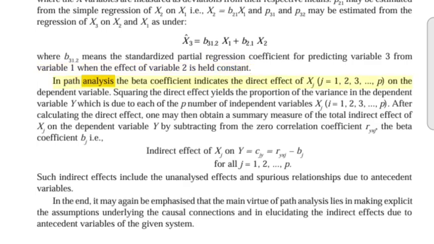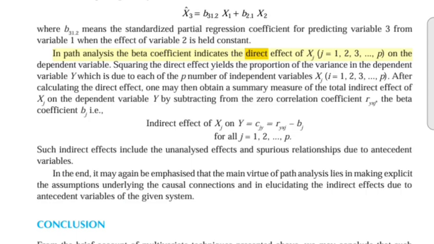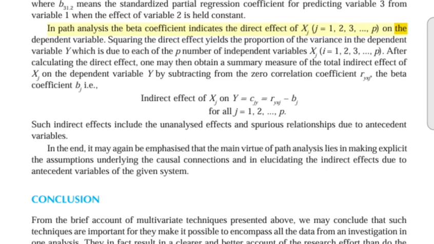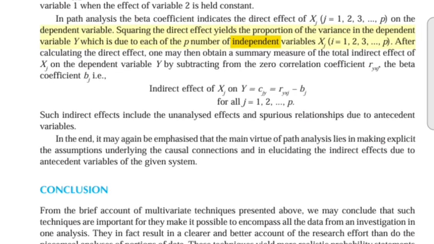In path analysis, the beta coefficient indicates the direct effect of xj, j equals 1, 2, 3, p on the dependent variable. Squaring the direct effect yields the proportion of the variance in the dependent variable y, which is due to each of the p number of independent variables xj.